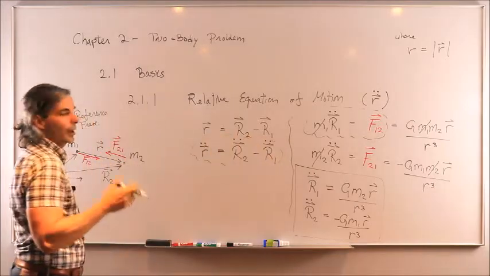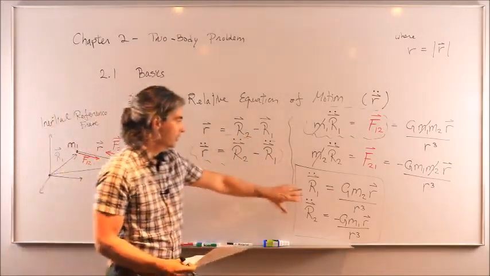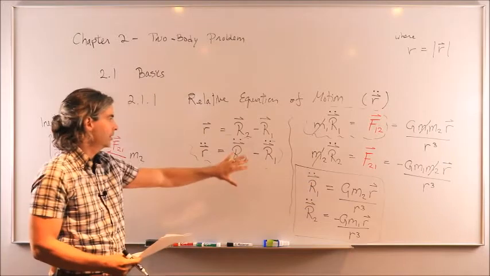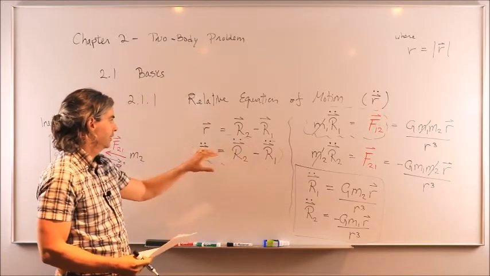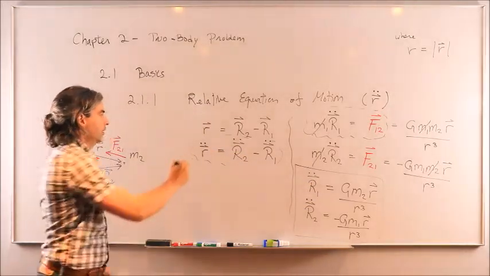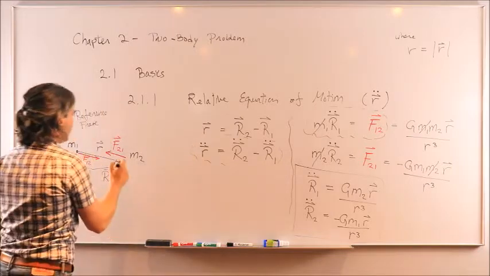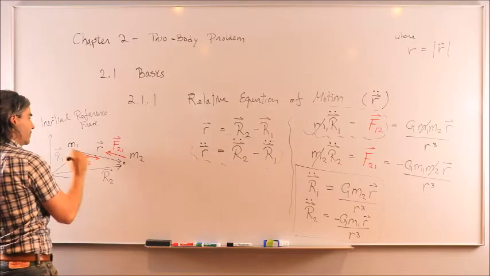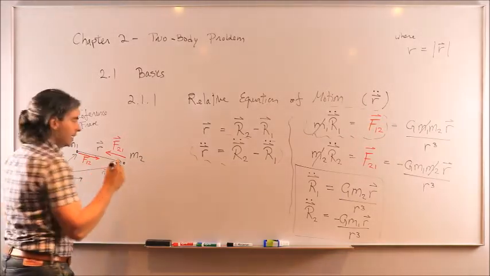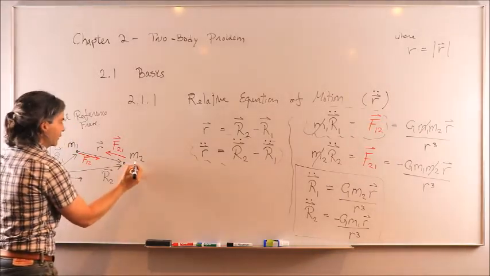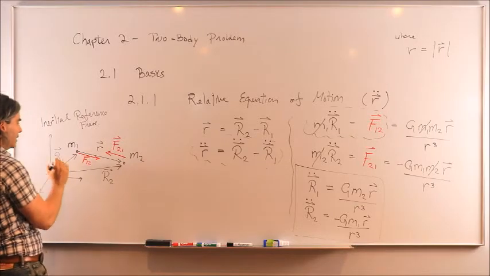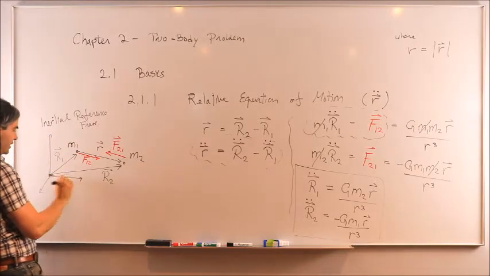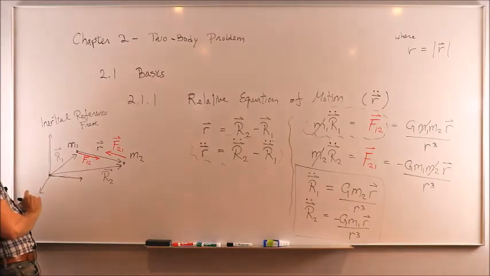So what I'm going to do next is take those two expressions and substitute them into this equation here, which is r double dot, or in other words, the inertial relative acceleration of m2 with respect to m1. Or in other words, how does m2 accelerate with respect to m1 as seen from an observer sitting on this inertial reference frame?